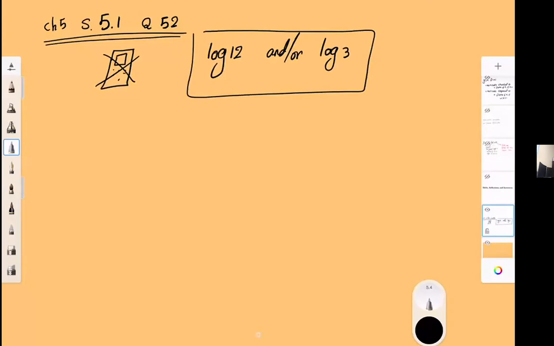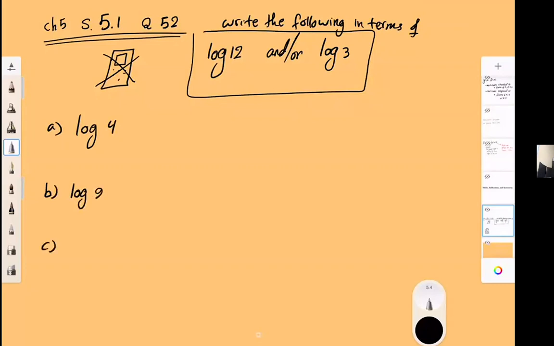They're asking us to write the following in terms of log of 12 or log of 3. A, log of 4. B, log of 9. C, log of 36.